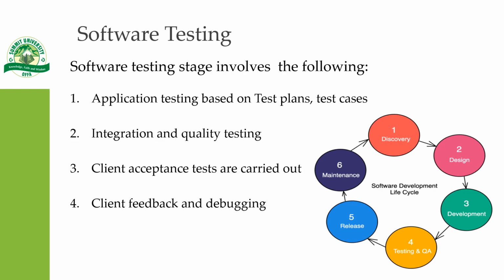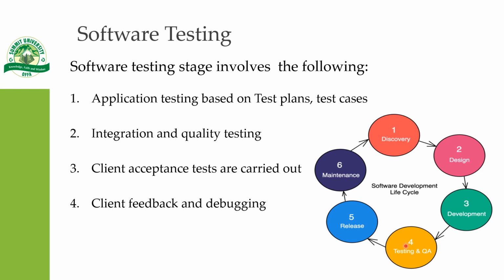Now you see, after the software might have been developed, the next thing that follows is the testing. We need to test the software to be sure that it actually meets up with the requirements at stage 1. At stage 1, it means when you are testing, you must have your test case, because you want to be sure there is what we call quality assurance.